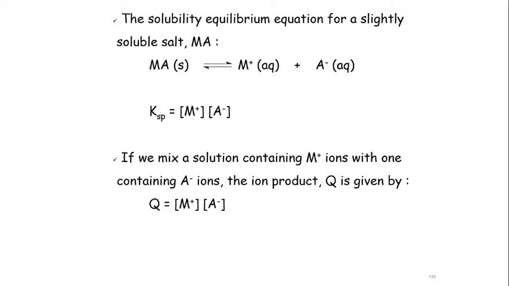The Ksp for this salt is the concentration of M+ times the concentration of A-. If we mix a solution containing M+ ions with one containing A- ions, the ion product Q is given by Q equals the concentration of M+ times the concentration of A-.